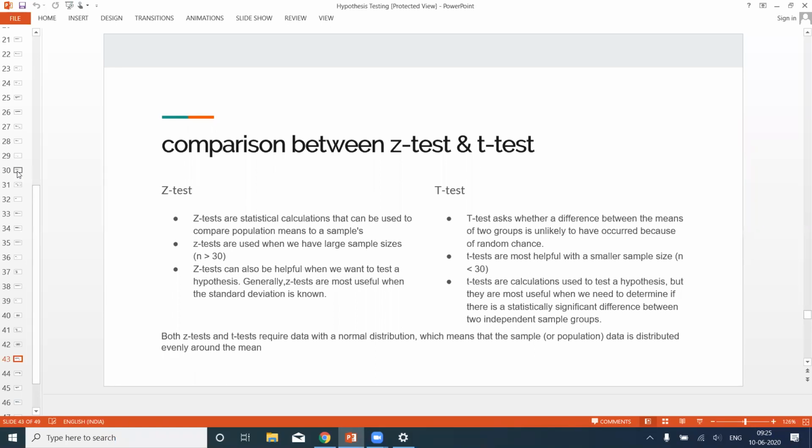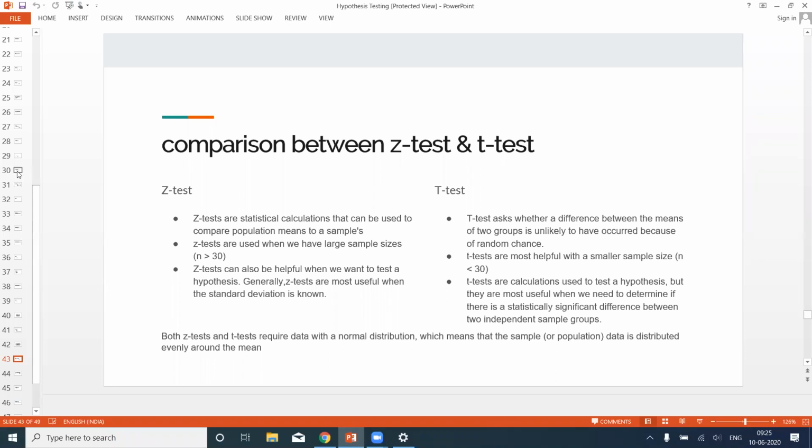Again, Z test we can use if we know one of the actual population parameters. If we don't know, then we have to go ahead with the T test. T tests are quite useful for multiple tasks. In real applications, we make use of T test for various things. One is in hypothesis testing.